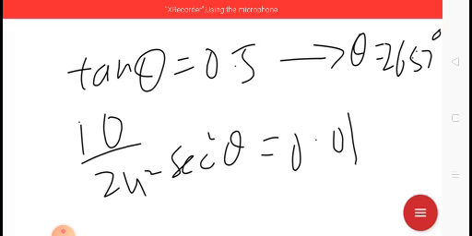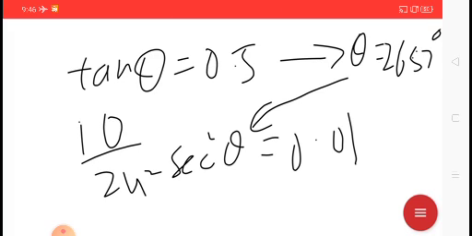This is not the exact value. If you want the exact value, you should use a triangle. Secant theta is equal to 1 over cos theta. So you find the cos theta first, then substitute inside the equation below. If you have the exact value, you should be able to find the answer.